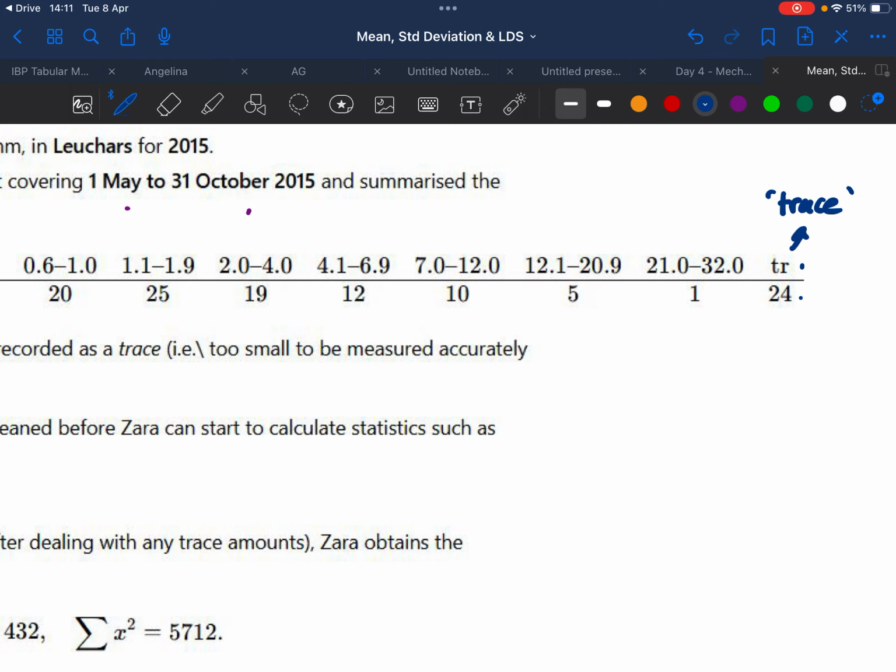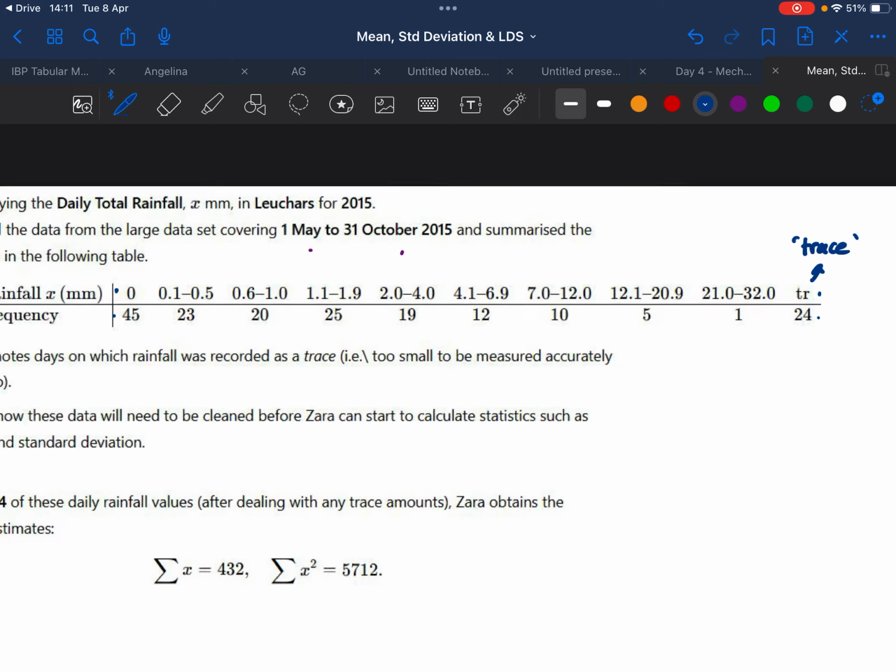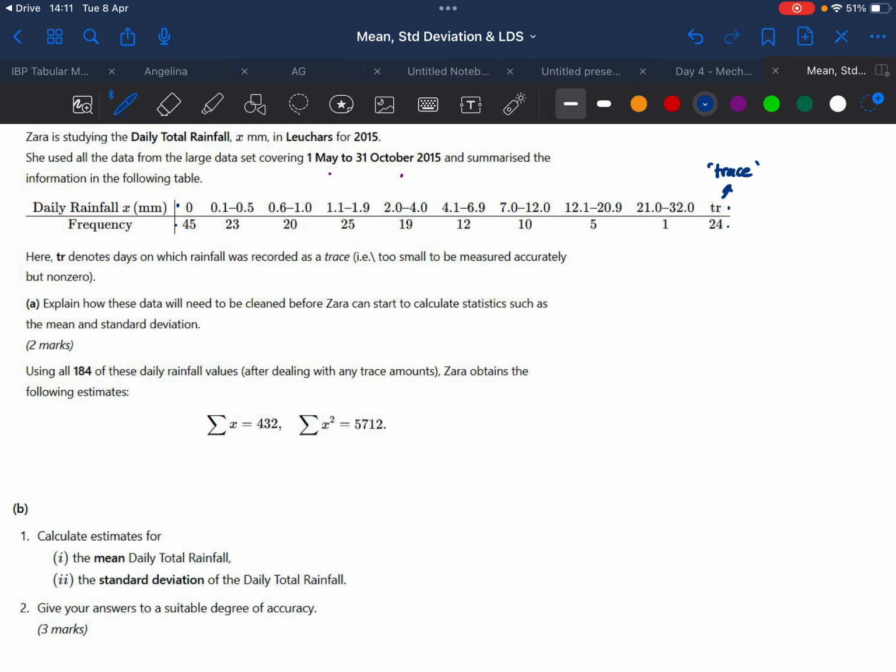It's not 0, but it is a number that is assumed to be less than 0.05. So we need to know what to do with this. In fact, this bit here really wasn't actually given. We are expected to just know what trace is.